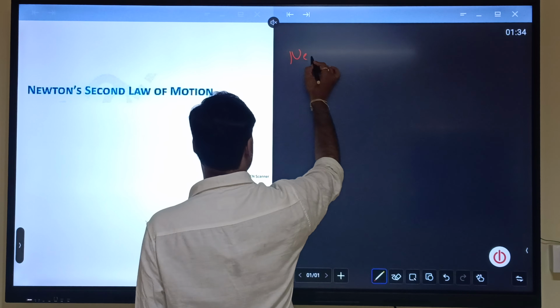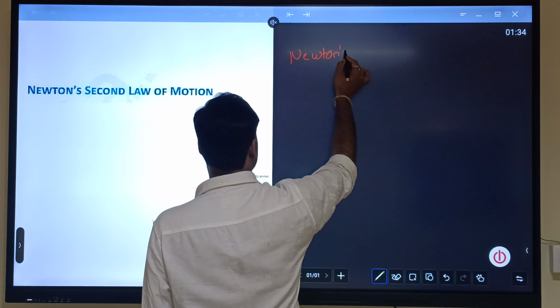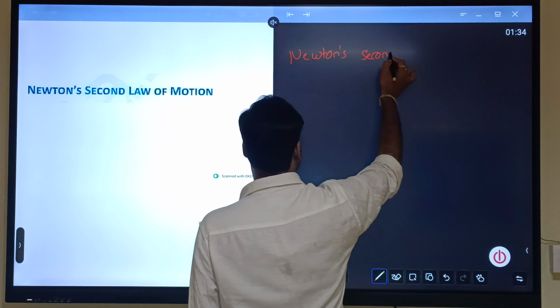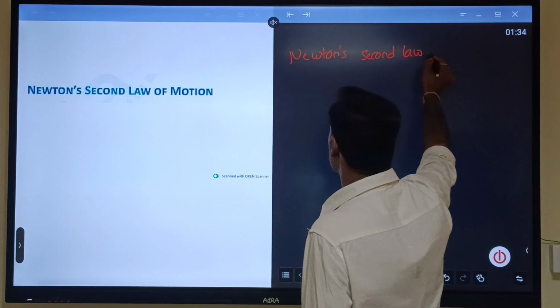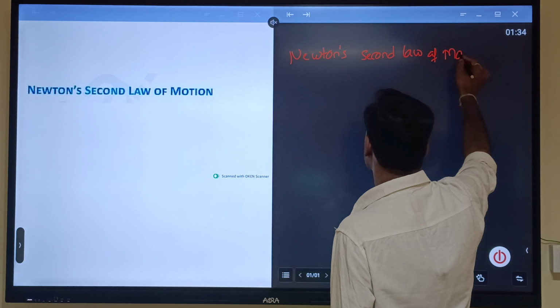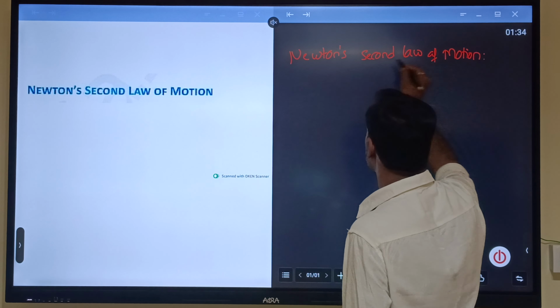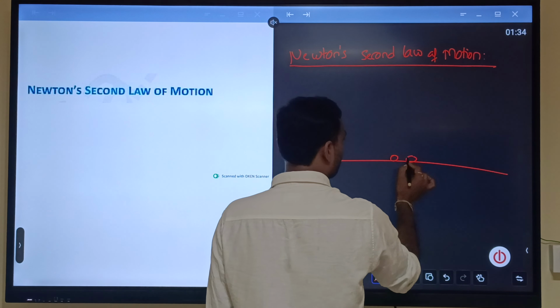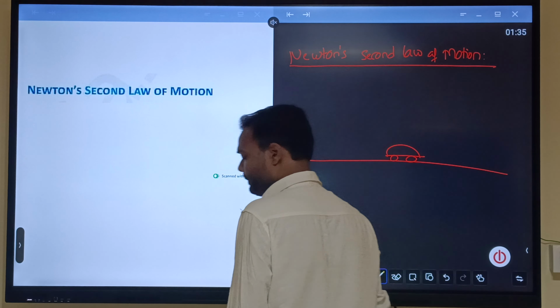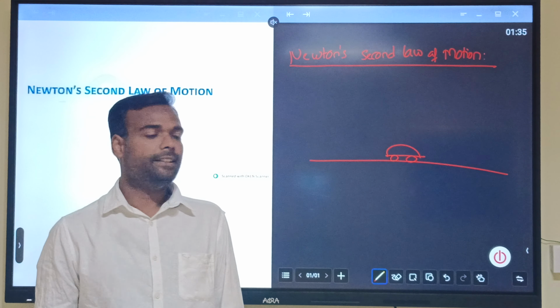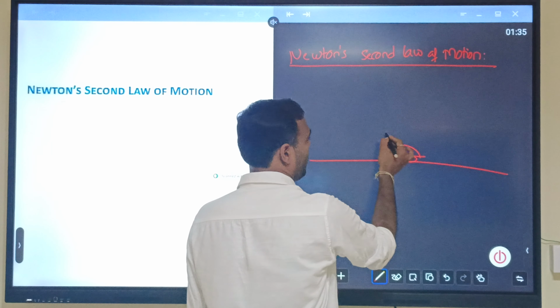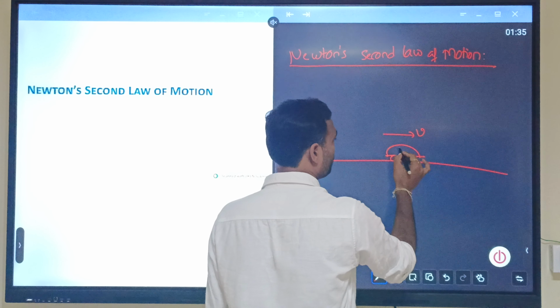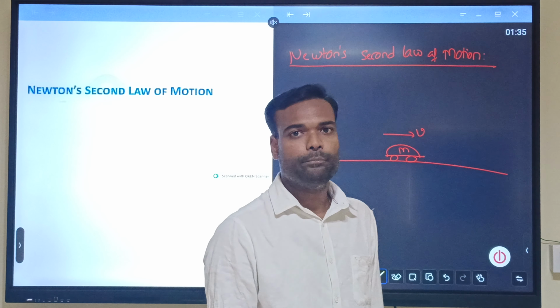Now see here, Newton's second law of motion. Very carefully, an object is present. This object is originally having a certain amount of velocity and mass m.